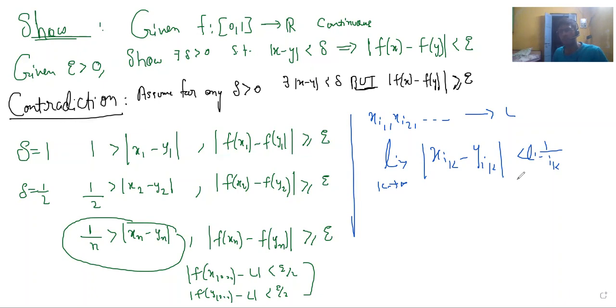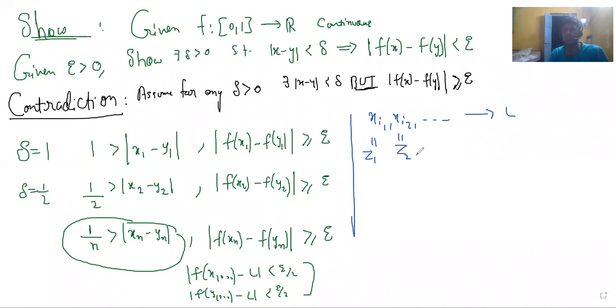Which converges. Okay. So then just repeat the whole thing again. So basically, my point is that you can assume that now this is your sequence. Is that right? And you can just say that this is your sequence: Z1, Z2, Z3.